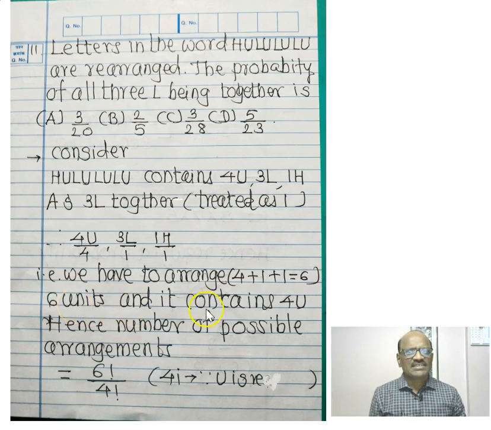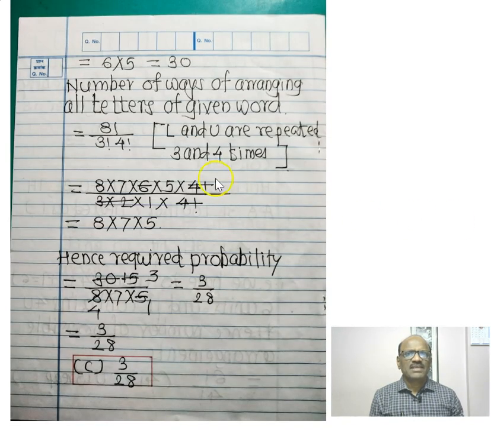And it contains 4 U's, so the number of possible arrangements is 6 factorial upon 4 factorial, that is 6 into 5, 30. The number of ways of arranging all the letters of the given word is 8 factorial upon 3 factorial into 4 factorial.